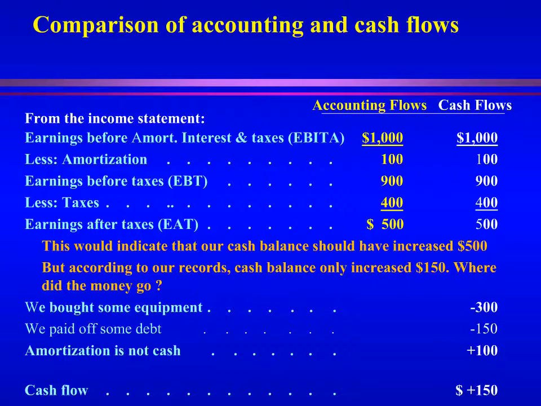We should have 500 extra actually. Well, if we bought some equipment for $300, we paid off some debt for $150, and we add amortization back in because we didn't actually write a check for amortization, our cash flow is going to be up $100. So if we take 500 minus 300 minus 150 plus 100, then our cash flow is actually to the good by $150 instead of 500.